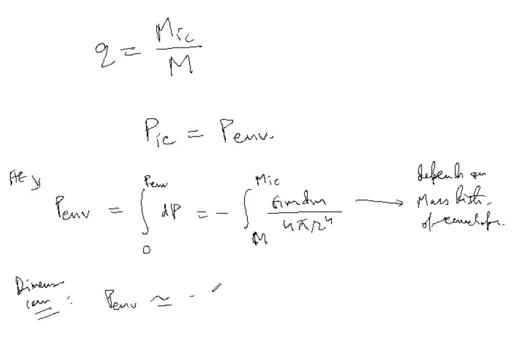You see, so this is basically minus G by 8 pi r average to the power 4, and here MIC whole square minus M square. This is it. Now, this is dimensional consideration.